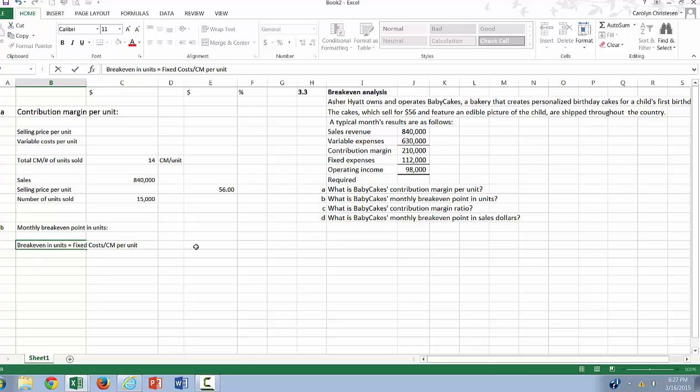Okay, so let's take our fixed costs, 112,000. We're going to divide by contribution margin per unit of 14, and we get 8,000 units. So we know that in order to break even, we need to sell 8,000 units.